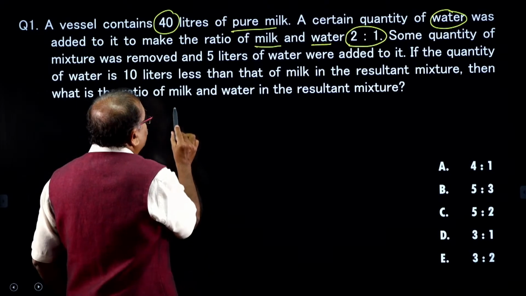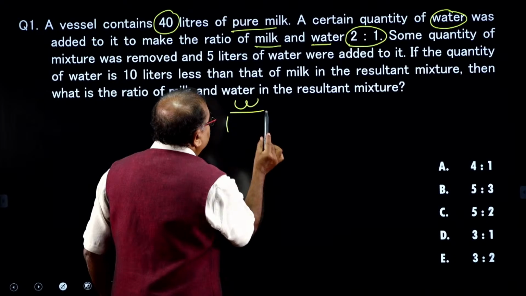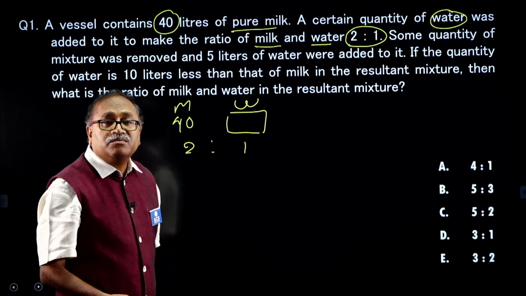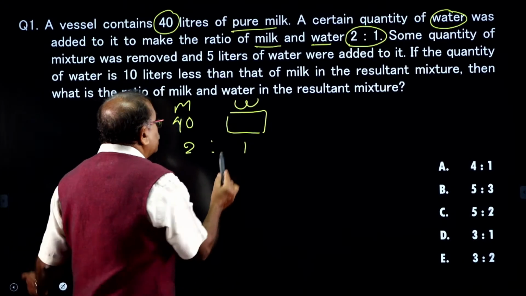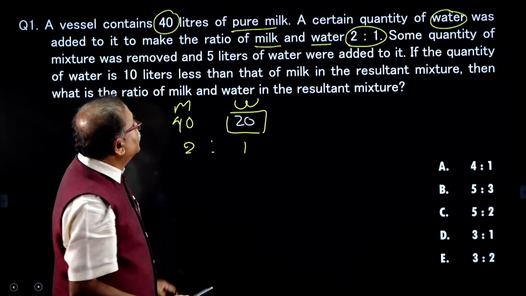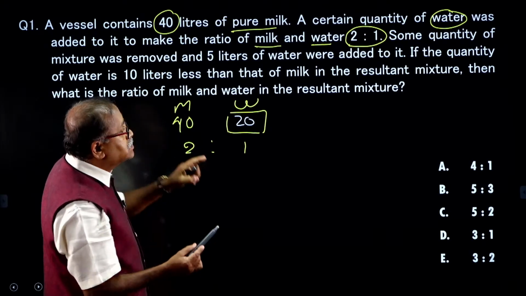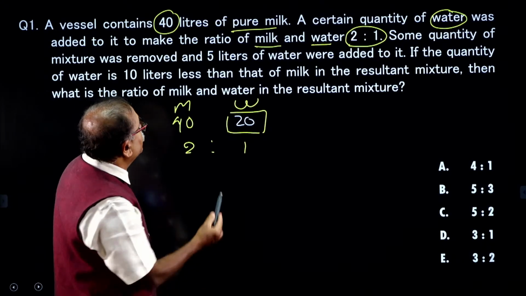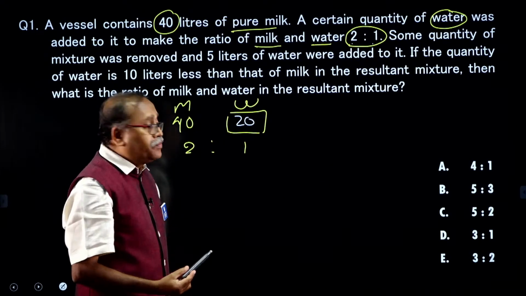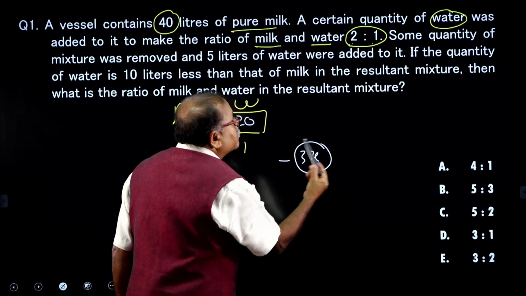Here I notice 40 liters of pure milk. So the milk is 40 liters and a certain amount of water is added, and after that it is 2 is to 1. That means how much water is added? Obviously 20 liters of water is added. When 2 parts is 40, 1 part will be 20. The next one, some quantity of mixture is removed. Since it is a 2 is to 1 ratio, I will prefer to take 3x as taken out.